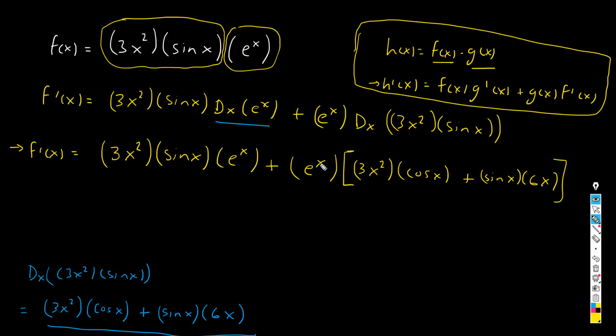I mean, if you want, you could multiply e to the x times these two, and then plus e to the x times this term, okay? But I'm gonna leave it like so.